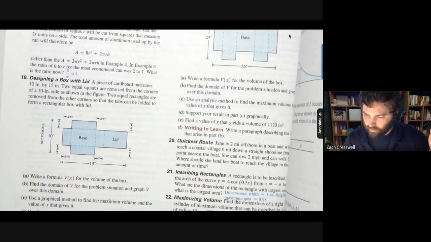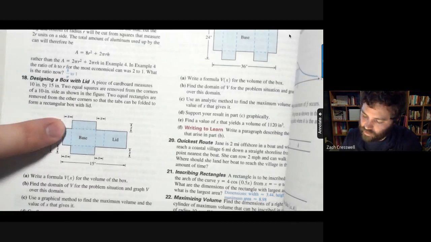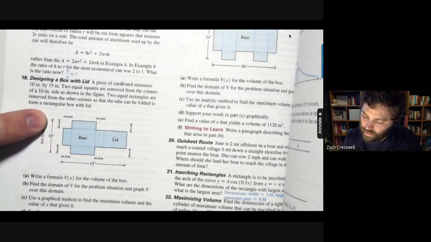Am I looking at the wrong problem here? No, but I think you're supposed to use 10, not 15 for that part. For this piece, I would use 10, right? Yeah.